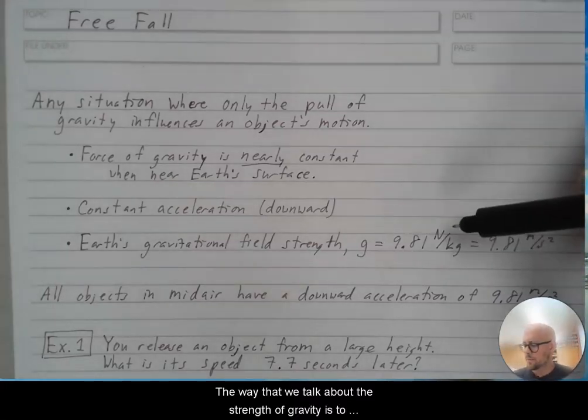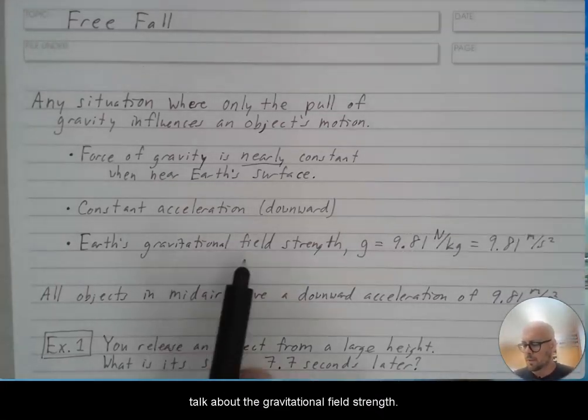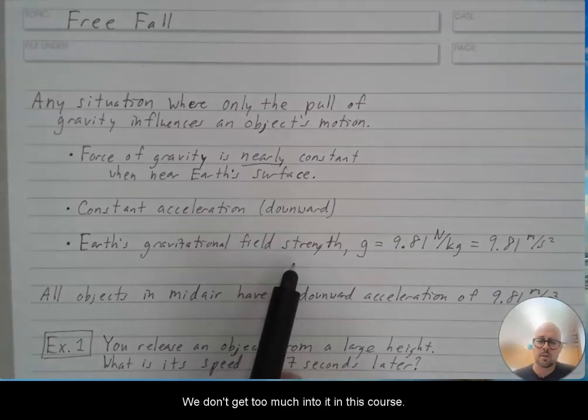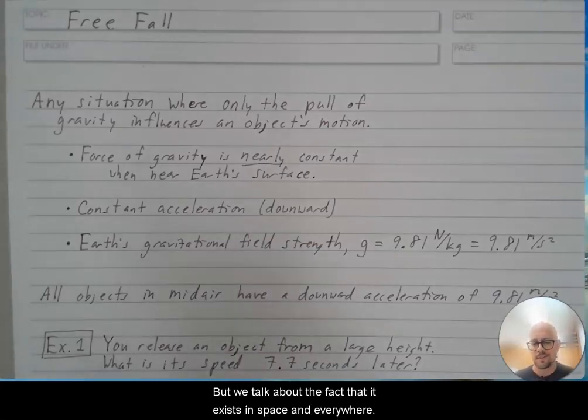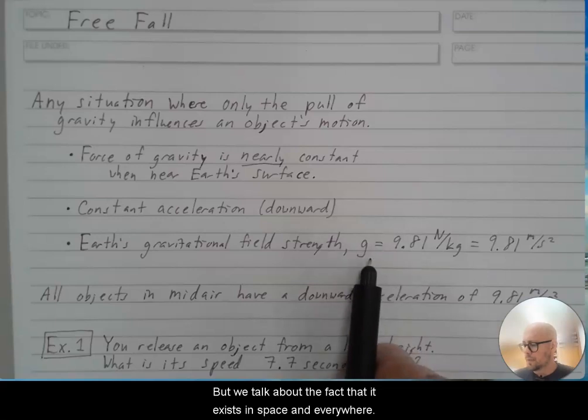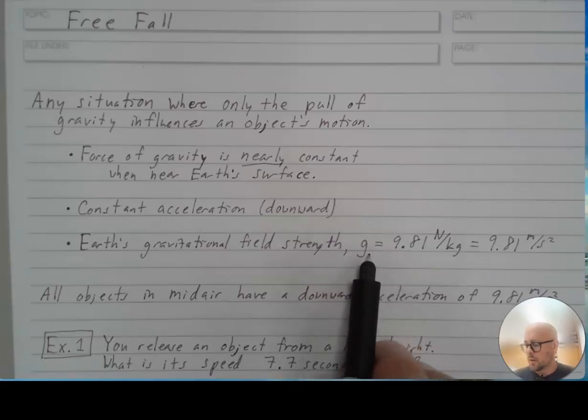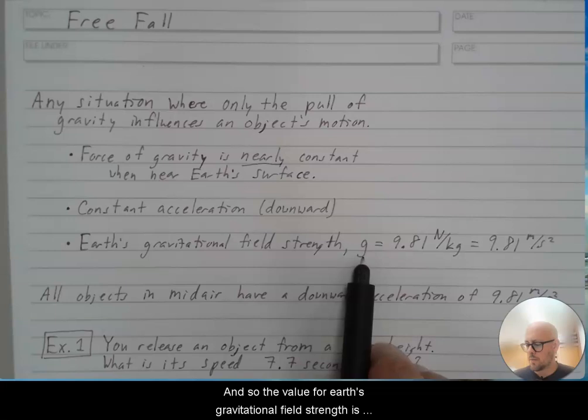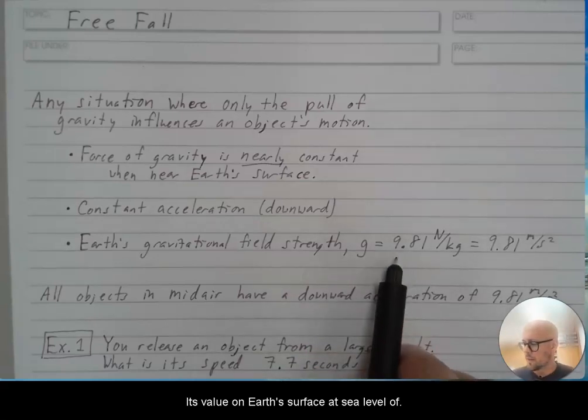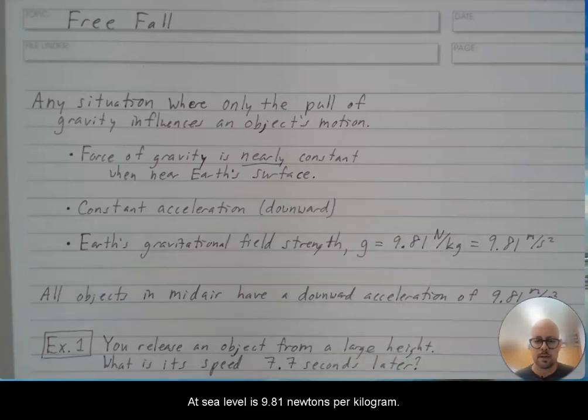The way that we talk about the strength of gravity is to talk about the gravitational field strength. We don't get too much into it in this course, but we talk about the fact that it exists in space and everywhere. And so the value for Earth's gravitational field strength is a lowercase g that we will call little g for the rest of the course. Its value on Earth's surface at sea level is 9.81 newtons per kilogram.